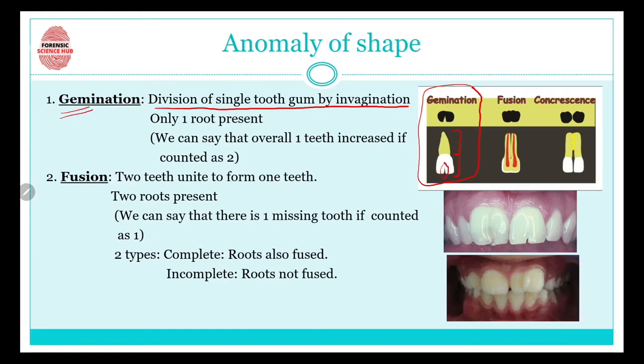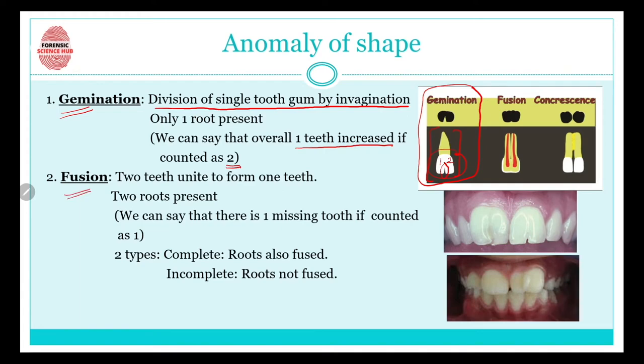So what appears is like there are two teeth, but it is just a single tooth, right? So overall we can say that there is one tooth increased if we count this as two teeth, but the root is only one in gemination.